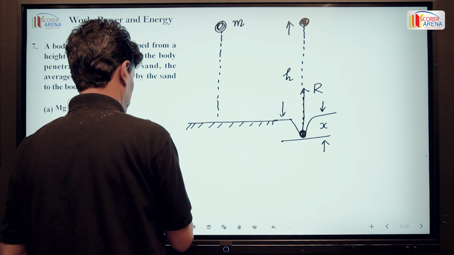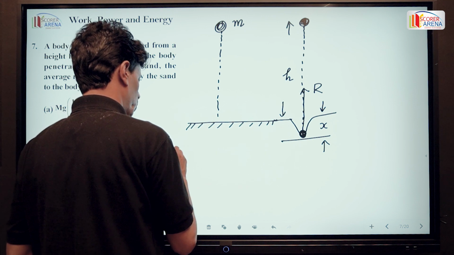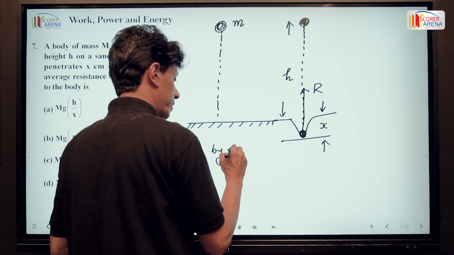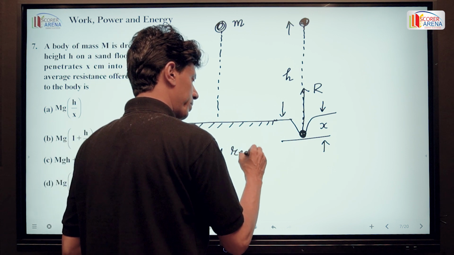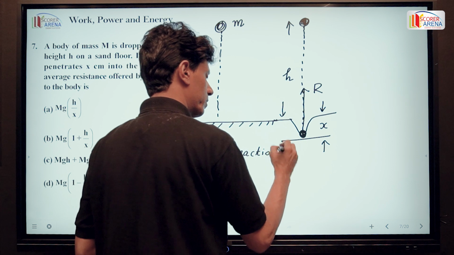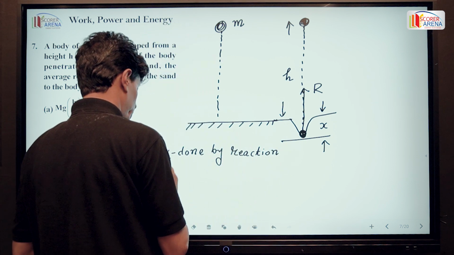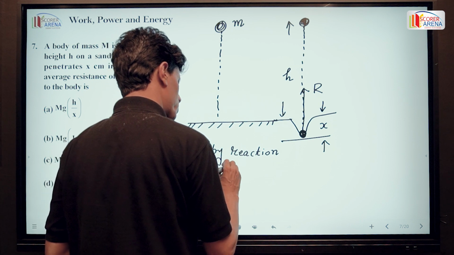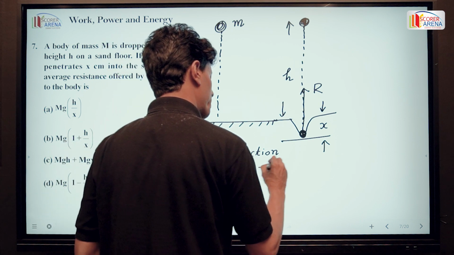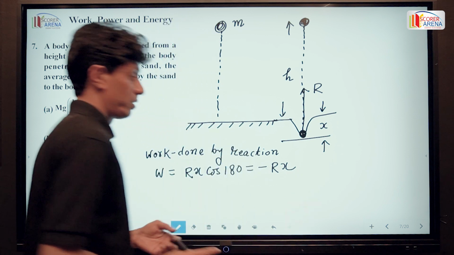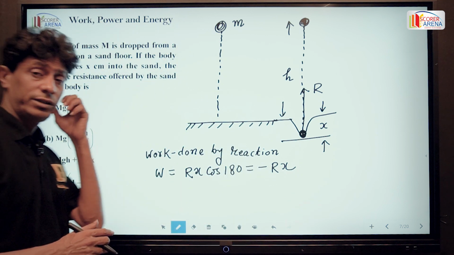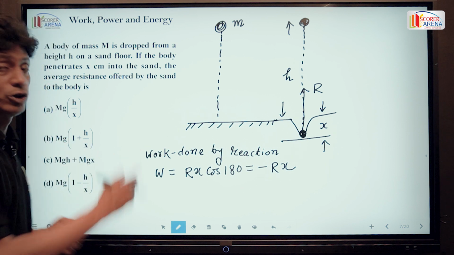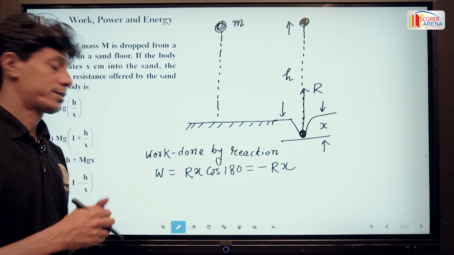And work done by the reaction, W equal to Rx cos 180, that is R into minus x. So work done on the body by the reaction provided by the ground is equal to minus Rx.